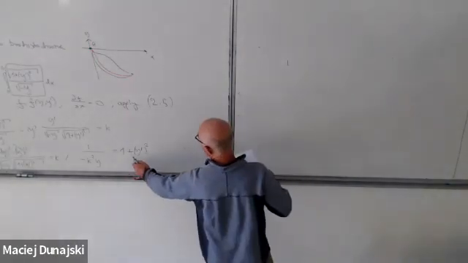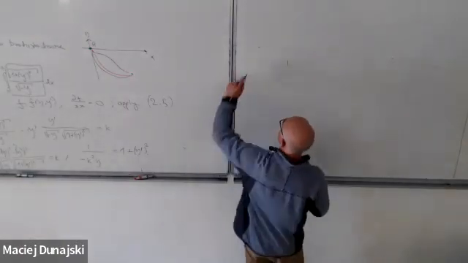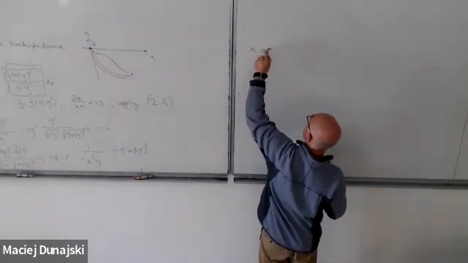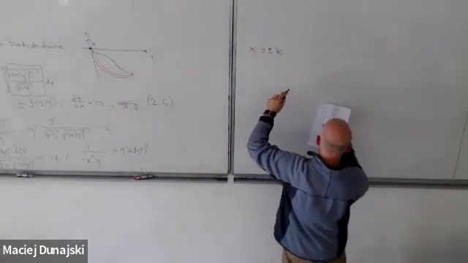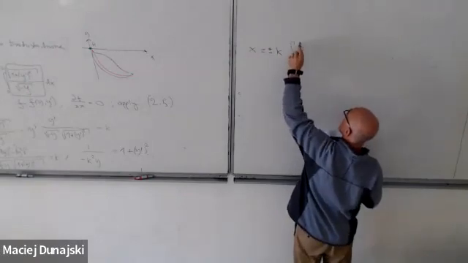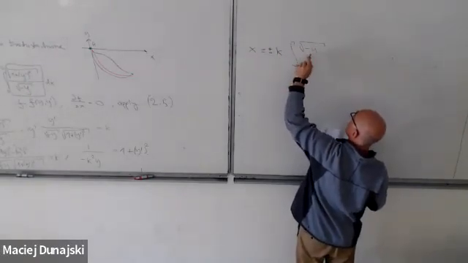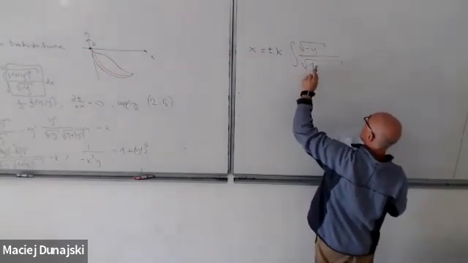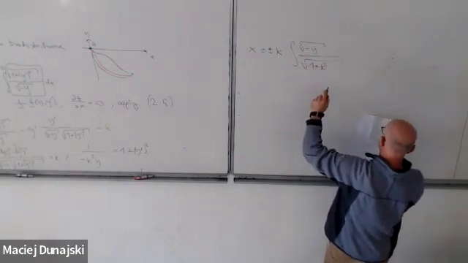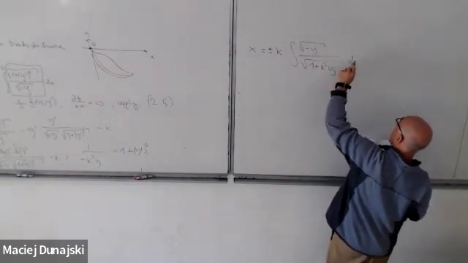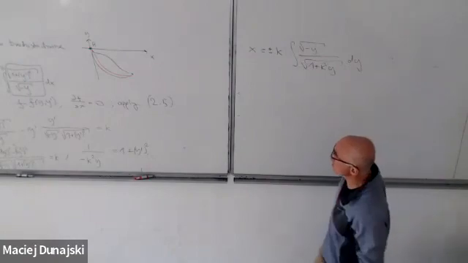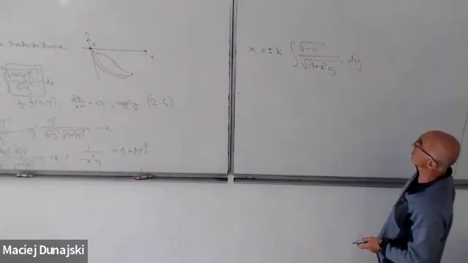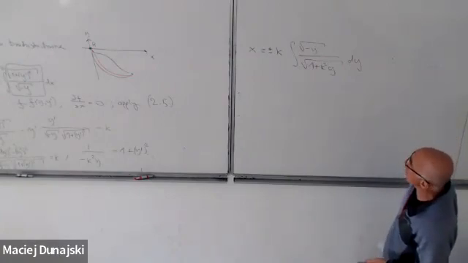So if you separate it and integrate it once, you get x equals plus or minus k integral of square root of minus y over 1 plus k squared y dy. So the separation of variables gives you x as a function of y rather than just y as a function of x.